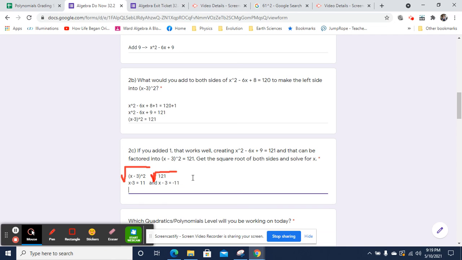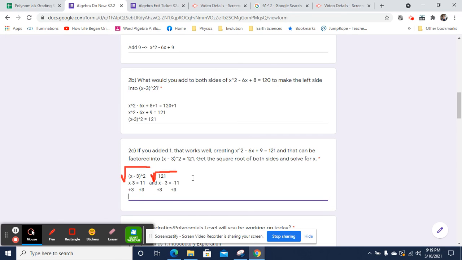We add 3 to both sides, and we get x equals, well, 11 plus 3 is 14, and negative 11 plus 3 is negative 8. And you're done.